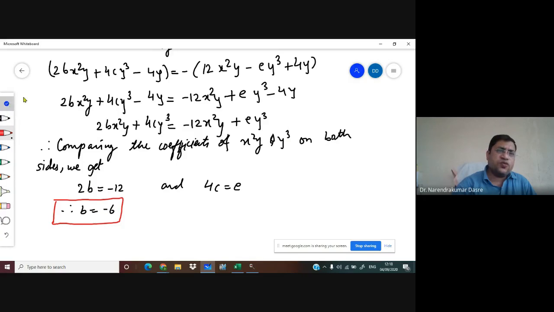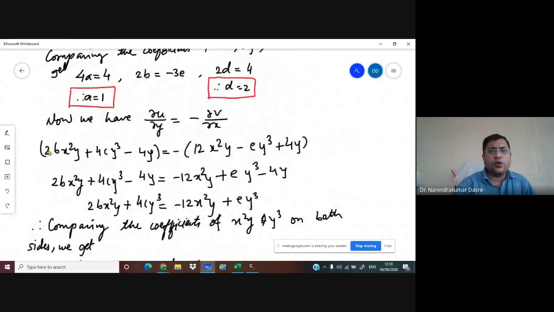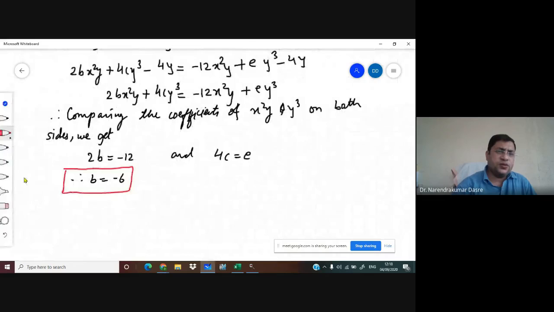Now, what we know is 2b is equal to minus 3e.